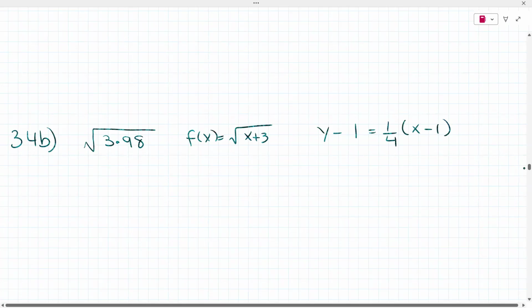And what else? We got approximate. So to get square root of 3.98, you could think of it as square root of 3 plus 0.98, right?